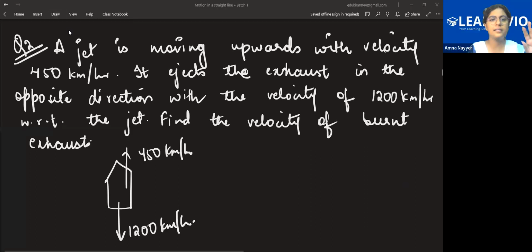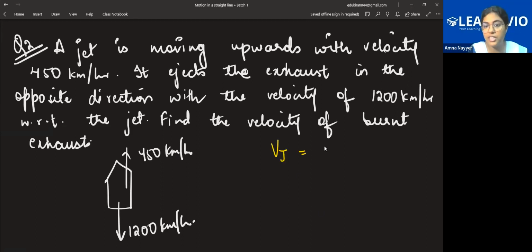See, class, this is a very short question. A jet is moving upwards with a velocity of 450 km per hour. It ejects the exhaust, the fuel, fire, and everything, in the opposite direction at 1200 kilometers per hour with respect to the jet. You have to find the velocity of the exhaust.